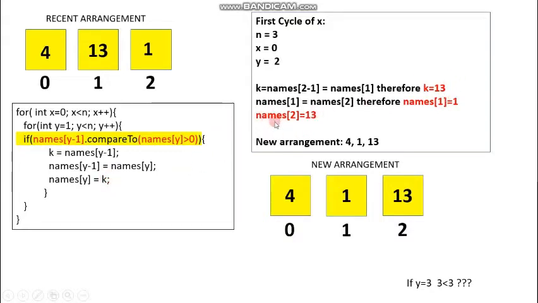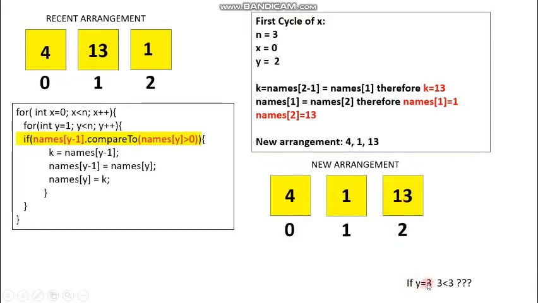Therefore, the new value of name index 2 is 13. So, ito na. Here's the new arrangement. Index 0 is 4. Right? Yes, there's no changes. For index 1, we have 1. For index 2, we have 13. The new arrangement is 4, 1, 13.